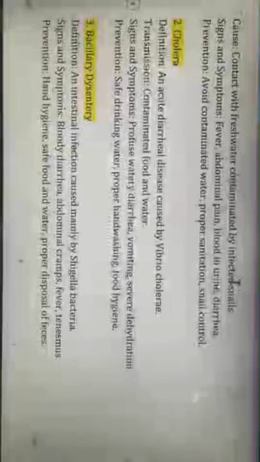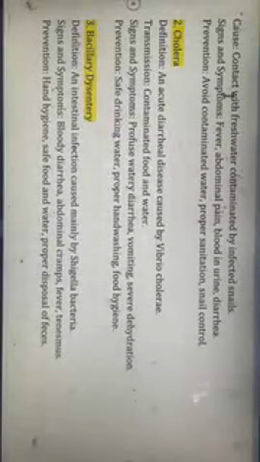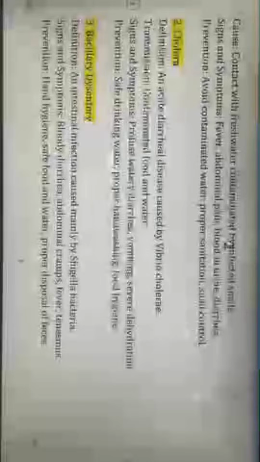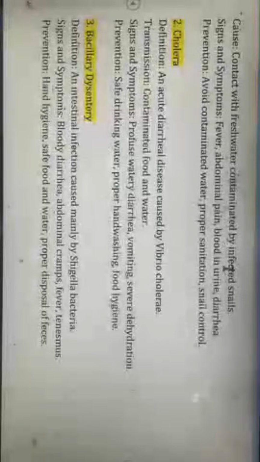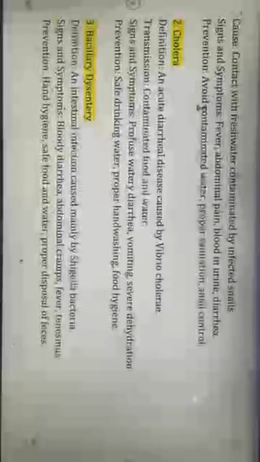So you need to know that this disease is caused by contact with the fresh water that has already been infected, when the snails in that water are infected with the worm. So what are the signs and the symptoms that we can see? We can see fever, abdominal pain, blood in urine, diarrhea. So what is prevention? You avoid contaminated water.